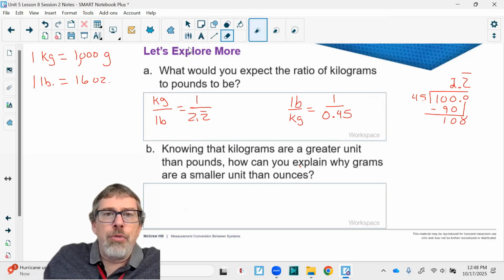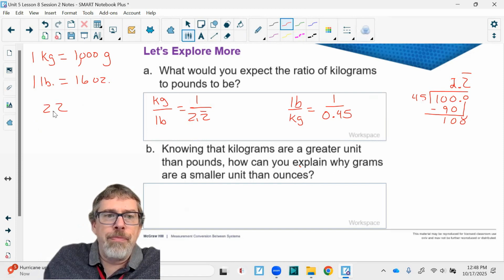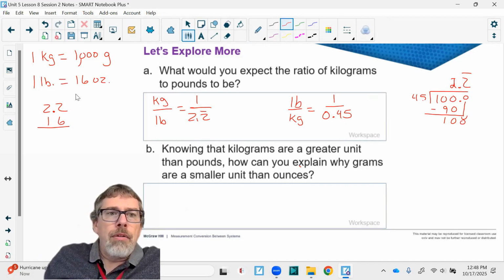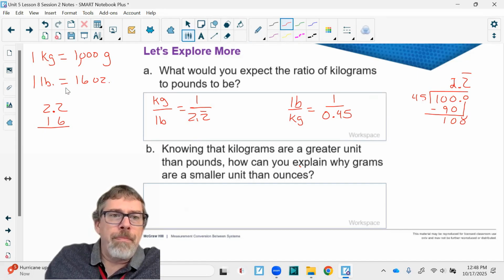So if I take 2.2 and multiply it by 16, that will tell us how many ounces are in a kilogram.